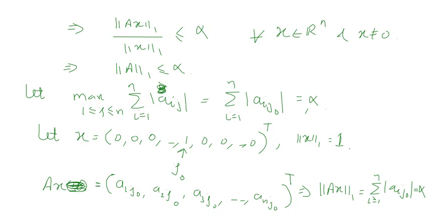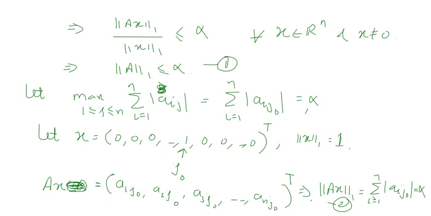So you are true, right? That shows that there exists an x such that norm of Ax1 is alpha, and you already showed that norm Ax is among that supremum set. So this is 2 and this is 1. From 1 and 2 you can say that norm of A1 is equal to alpha only.